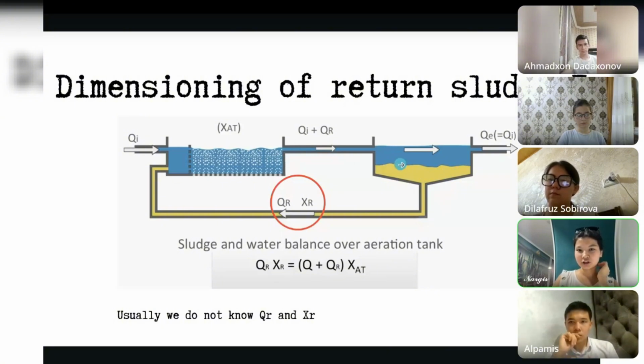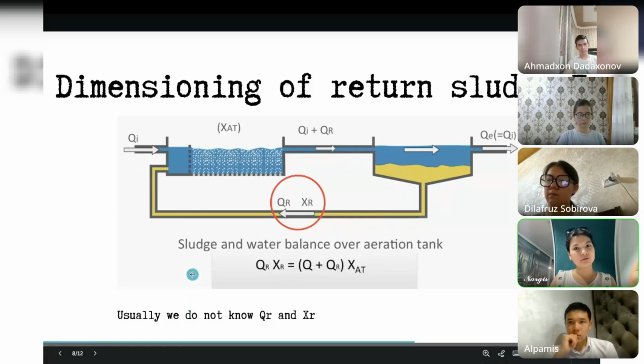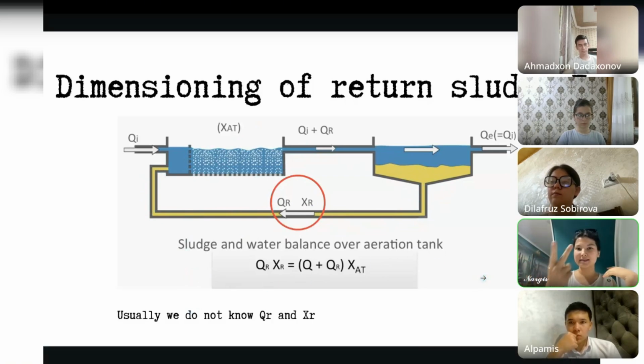So the sludge that already made its job is sent either back to the aeration tank or to the digestion with human waste. Right? So now our second task is to be able to calculate what will be the back flow rate and what will be the concentration of the sludge inside of the back flow.